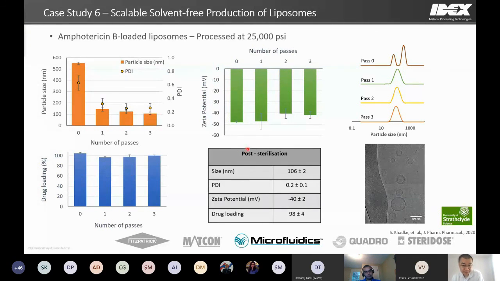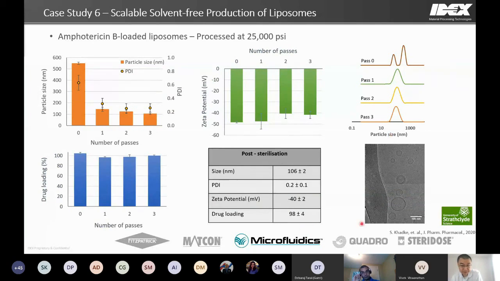Liposomes can also be easily sterilized using sterile filters, and you can see their characterizations shown in this table here. The particle size, PDI, surface charge, and drug loading were not affected after filtration.